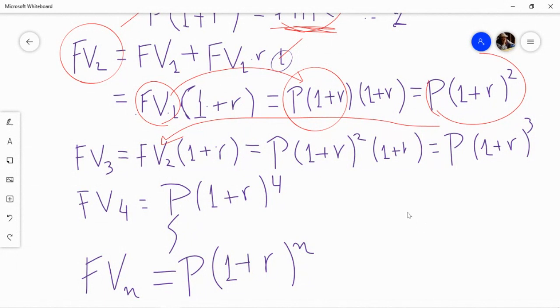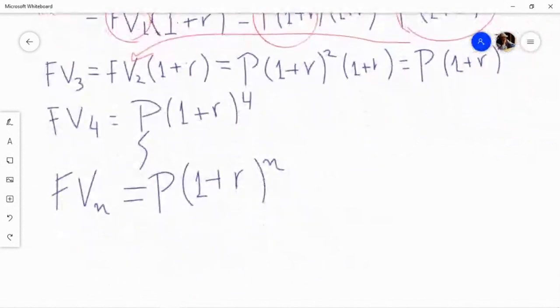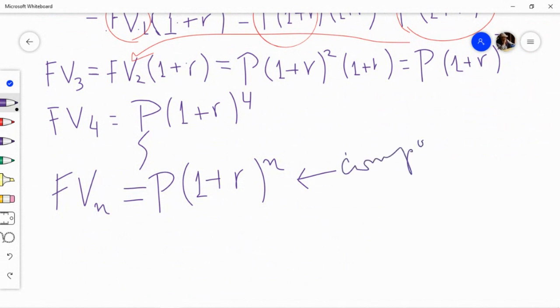So this process is called compounding, because compounding literally means the interest is compounded every year. At the beginning of year one, there was only principal, but in year two, interest is added to principal, and it earns.